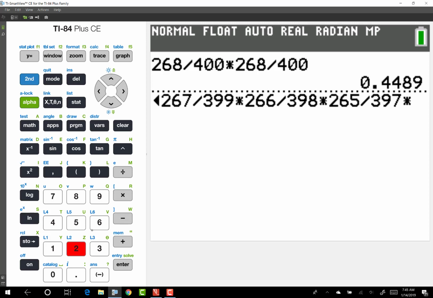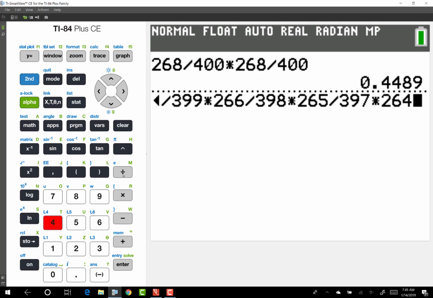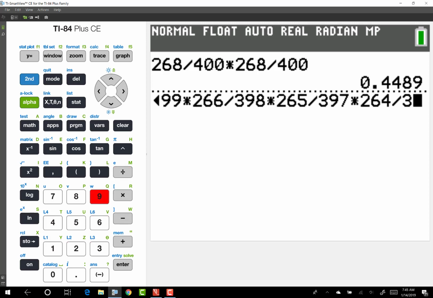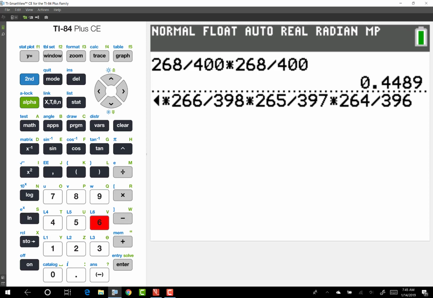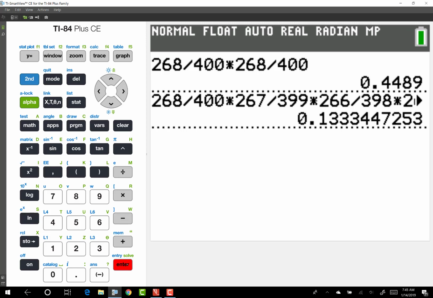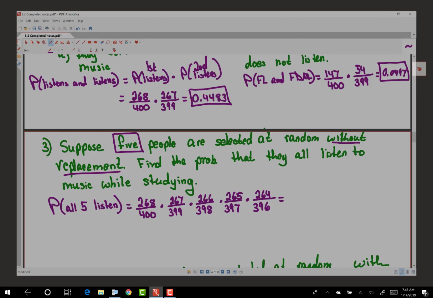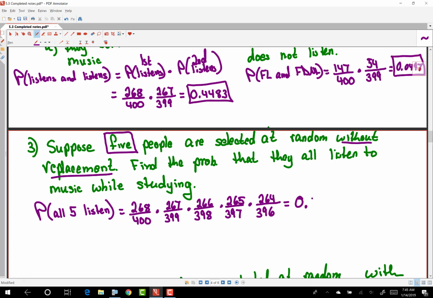And then 264 divided by 396. And so we get 0.1333. So that would be the probability that they all listen to music when you select 5.